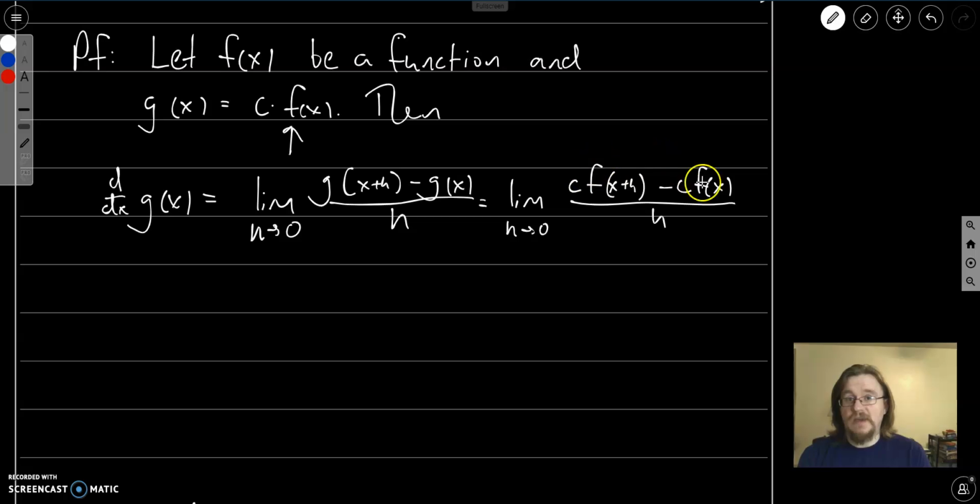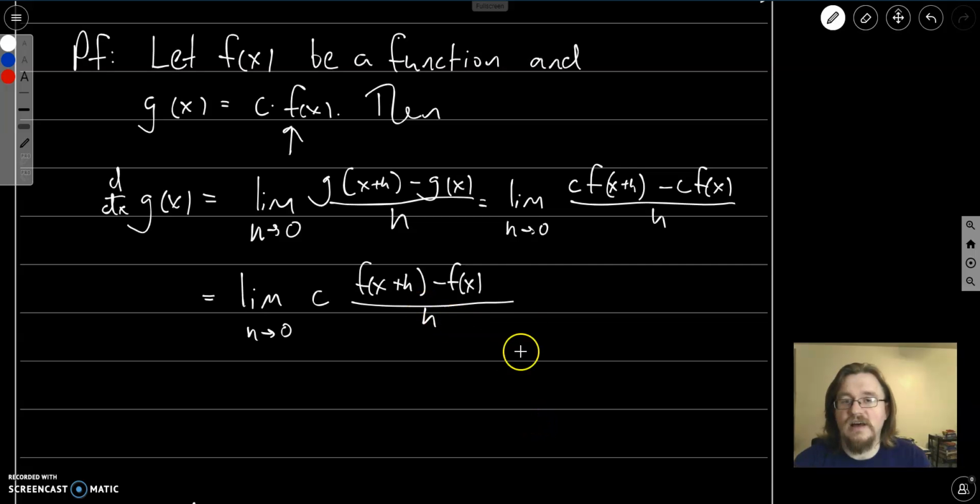And oh look, I have a factor of c in the top of my fraction here. So this is going to be the same thing as the limit as h approaches 0 of c times this fraction. So I can just pull a factor of c out of my fraction here. And we saw before that limits play nicely when we're multiplying functions together.